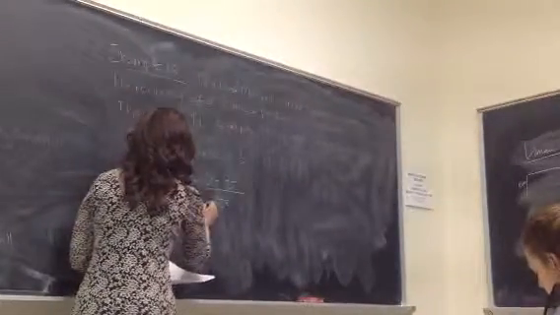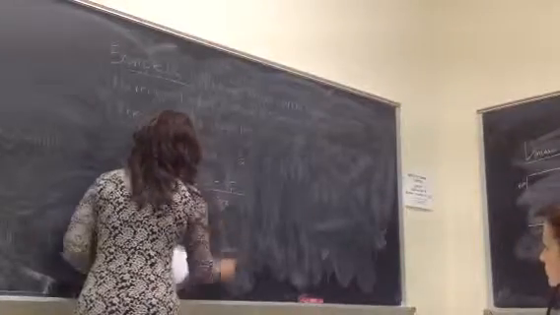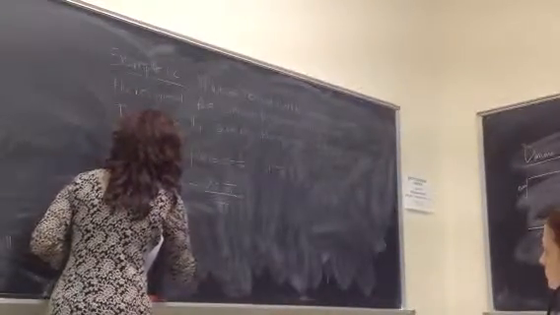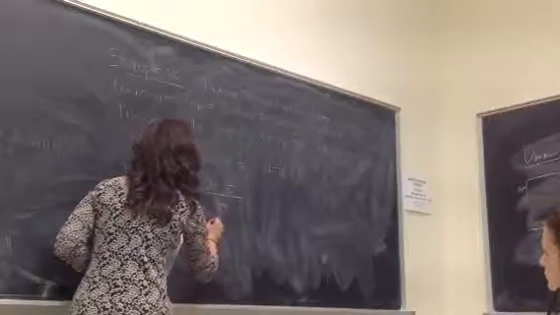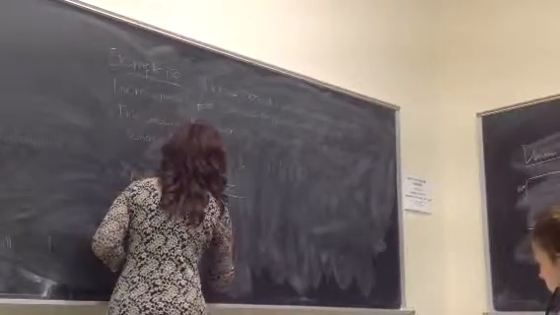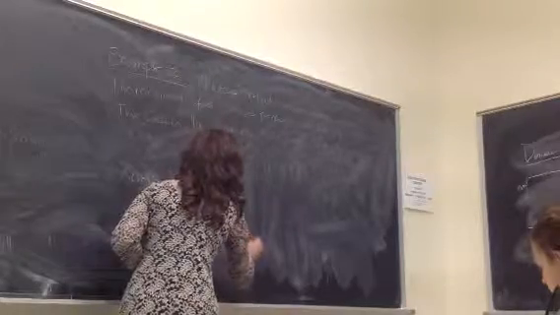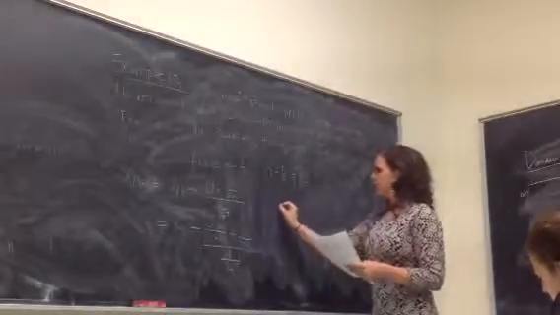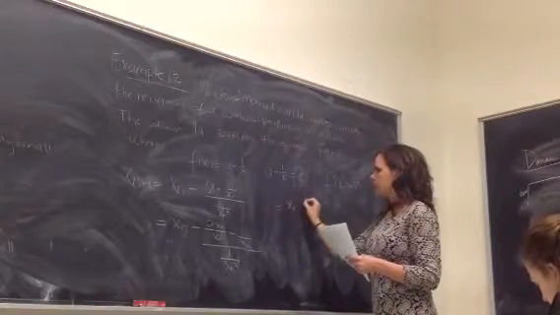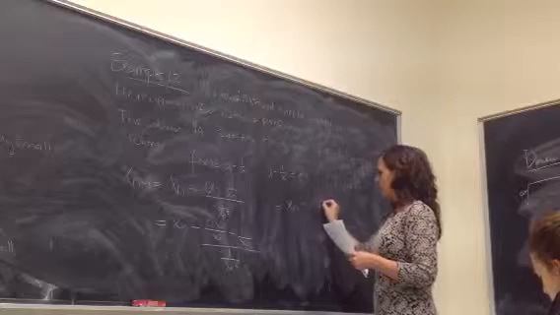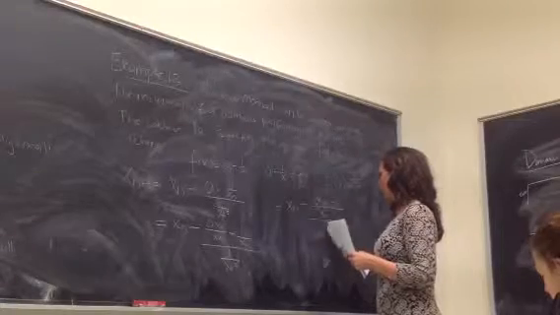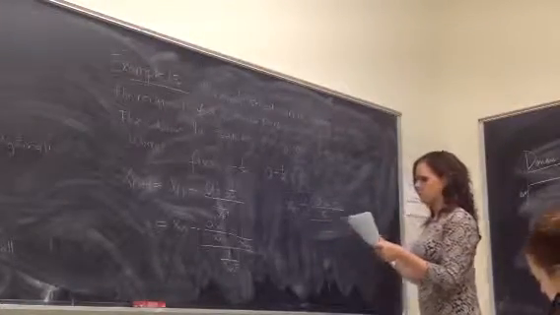So we've got x sub n minus a times x sub n minus 1 over x sub n, all over 1 over x sub n squared.